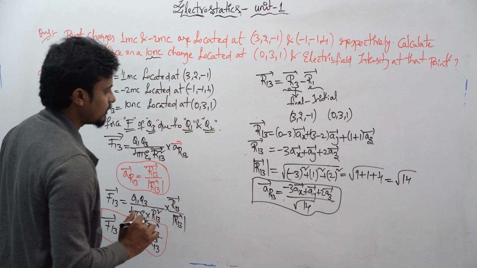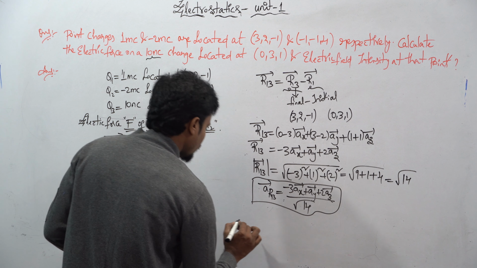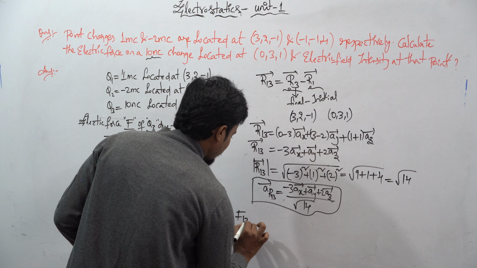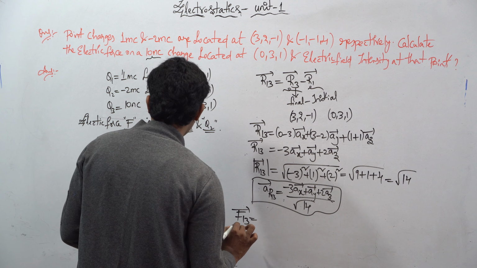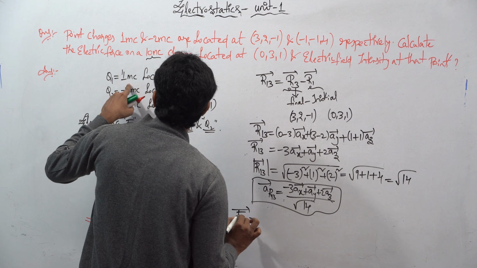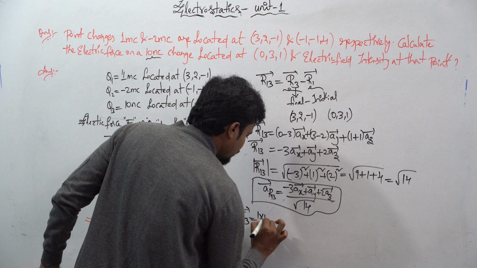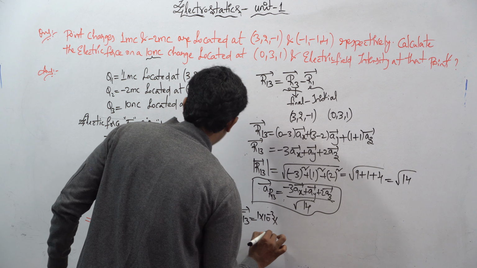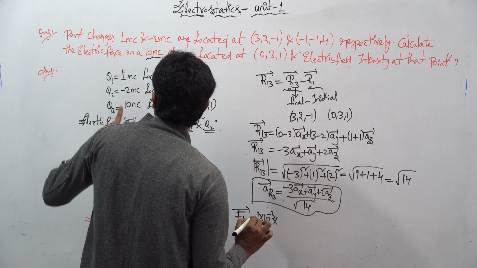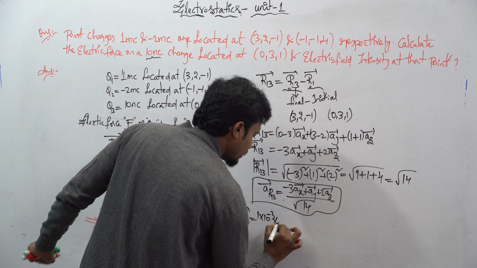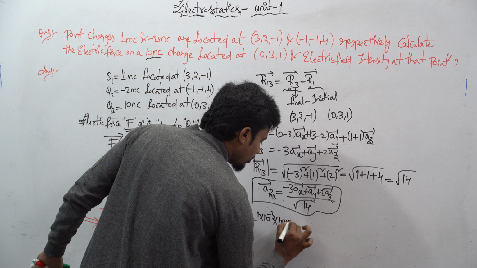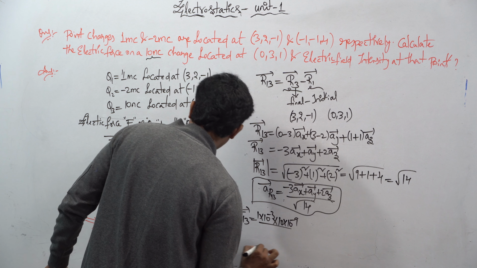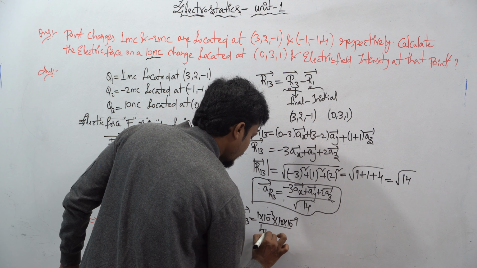What will happen? If I just want to put in the F13 bar, what will be my charge q1? Q1 be the 1 millicoulomb, so this be 1 into 10 to the power of minus 3, into what will be my charge q3? Q3 be the 10 nanocoulomb, this will become 10 into 10 to the power of minus 9, divided by 4 pi epsilon naught.